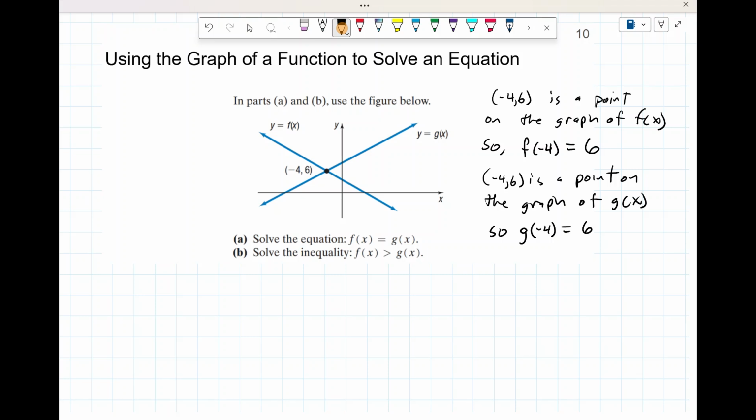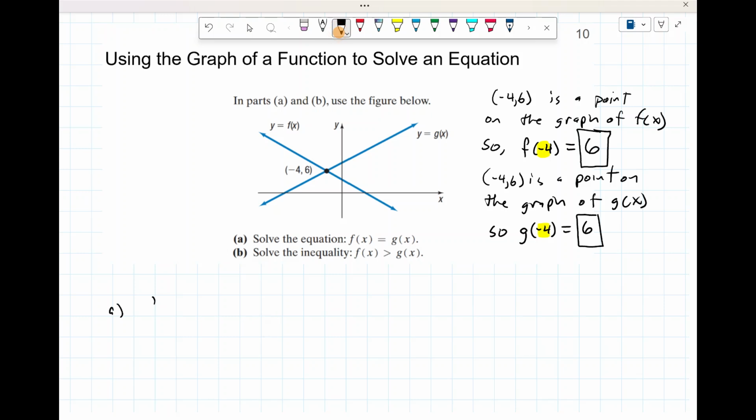So when is f of x equal to g of x? When are the outputs the same for both of these functions? Well, f of -4 is equal to 6 and g of -4 is equal to 6. So their outputs are the same when the inputs, or the x value, is equal to -4.